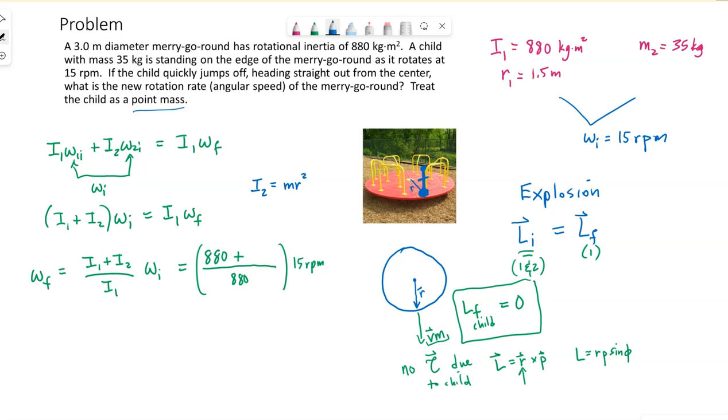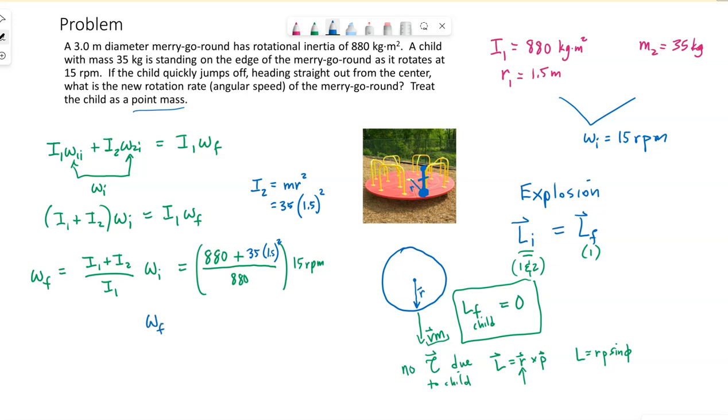The point mass is the same as a hoop or ring. And so we simply need the child's mass times how far they are from the rotation axis. Well, they told us the child's standing on the edge, so we can put them at that 1.5 meters to find their I value.